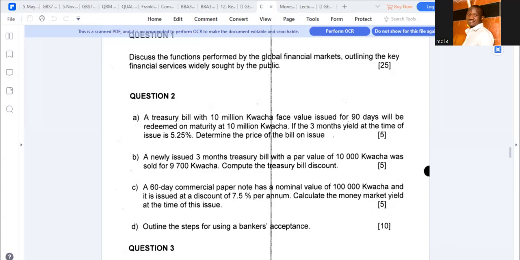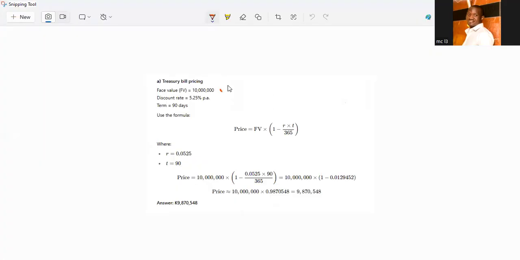So we have our face value, which is 10 million. Then we have our discount rate, which is 5.25%, which will come here, the R, 0.0525.